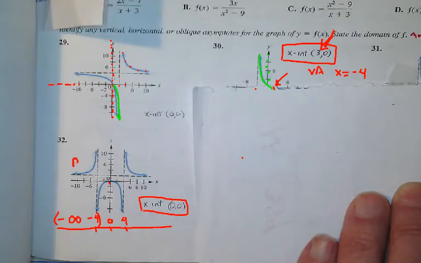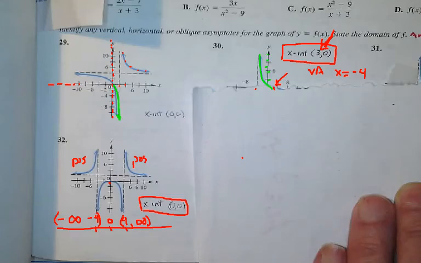that graph is positive. You agree? Yeah. And then look, from positive 4 to positive infinity, that graph is positive as well. Are you agreeing with me? Yeah. So when is it negative? You say all the numbers between negative 4 and positive 4.